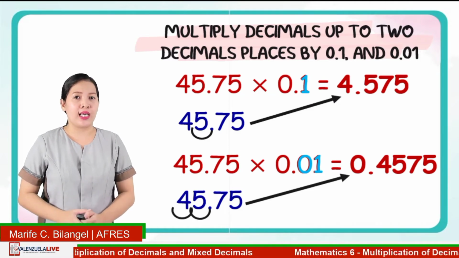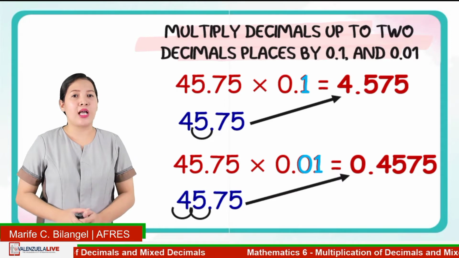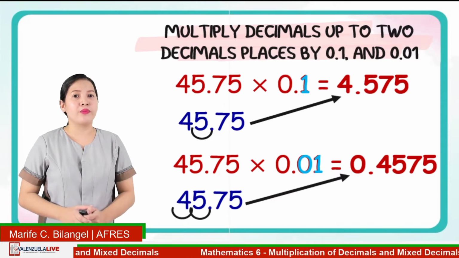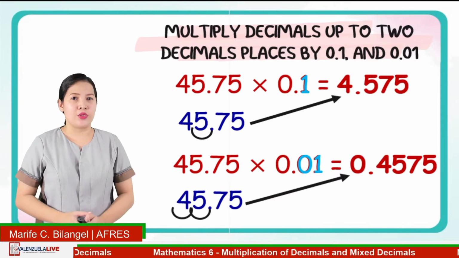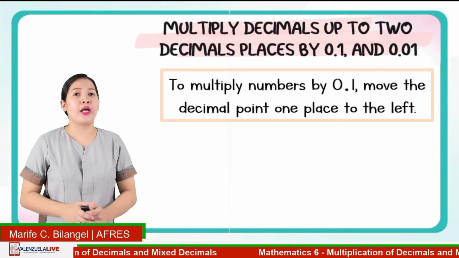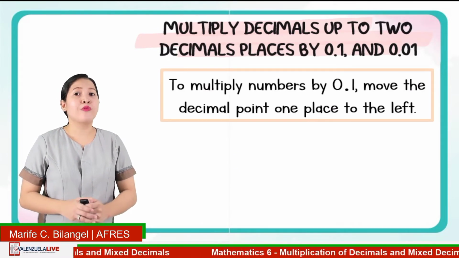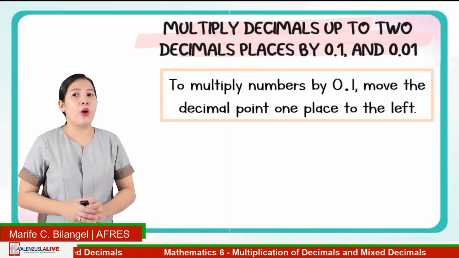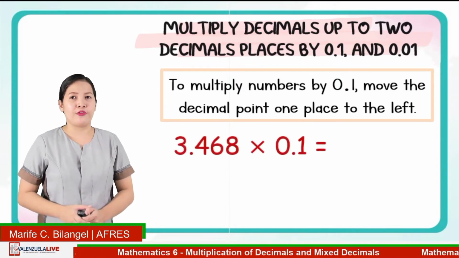The product is 4,575 10,000ths. So to multiply numbers by 1/10, we just have to move the decimal point one place to the left.